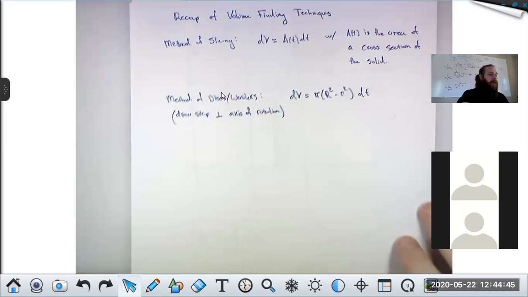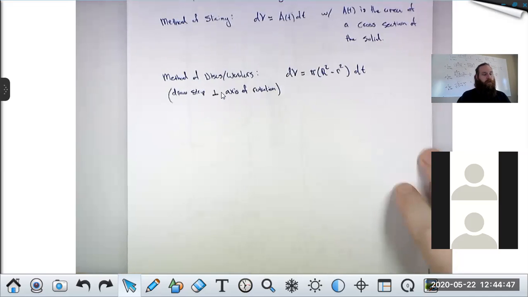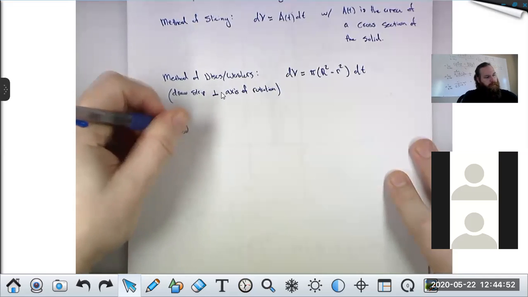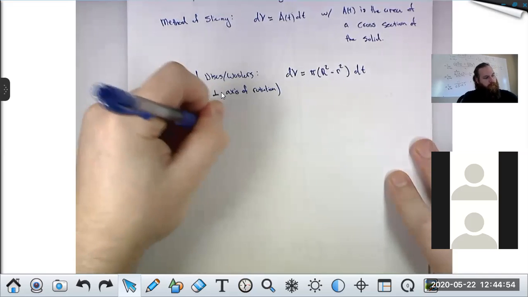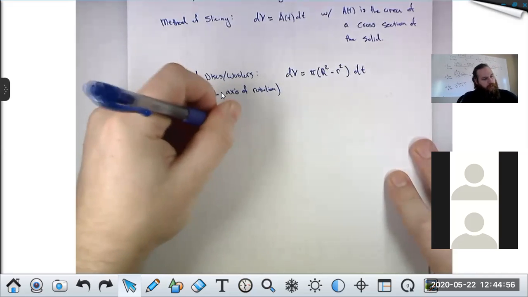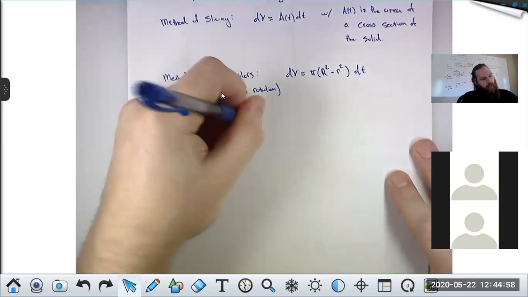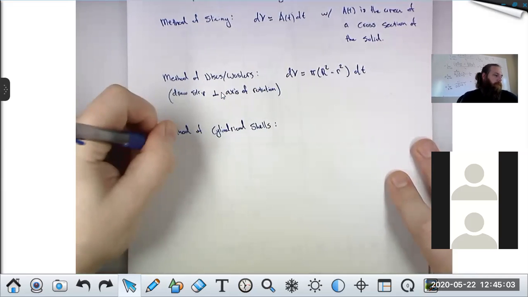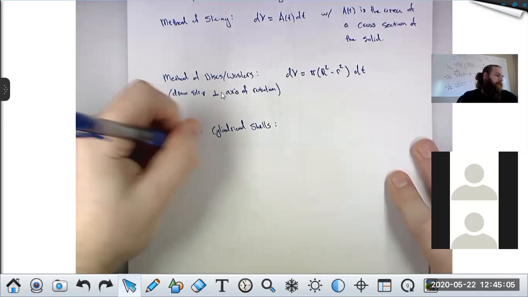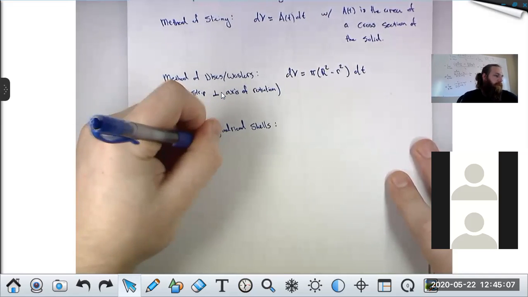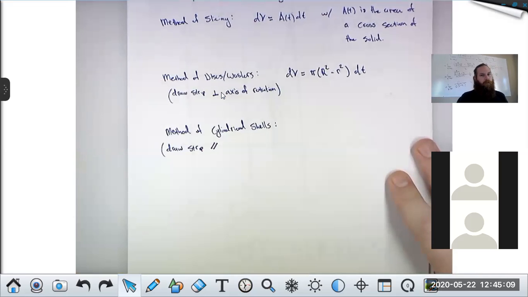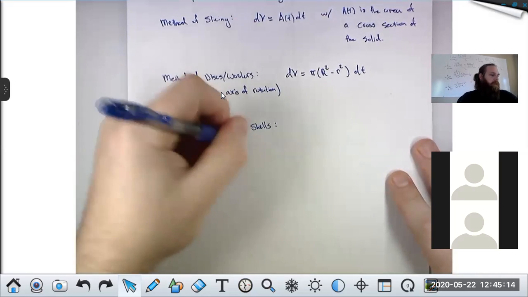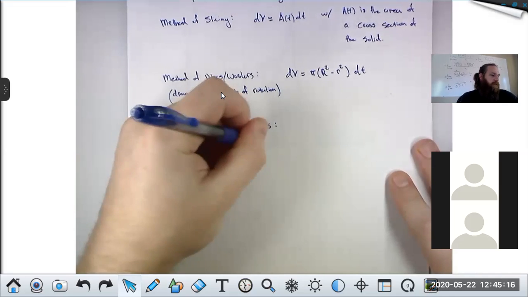And then lastly, you have the method of cylindrical shells. Here you draw the strip parallel, and this is the symbol for parallel, to the axis of rotation.